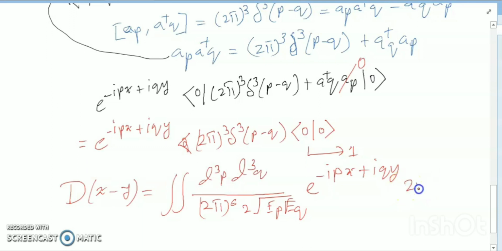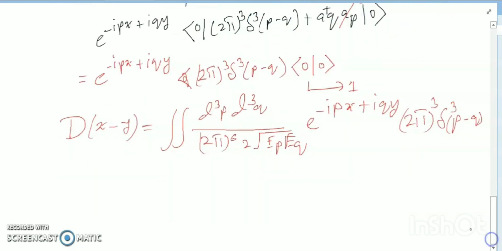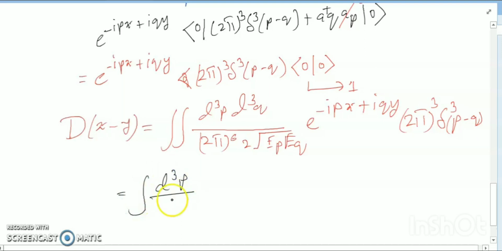Now the Dirac delta function kills the integral terms, kills q. So I just kill the term and get only one term: d^3p over (2π)^3 times 1 over 2E_p, e to the power minus ip(x minus y).